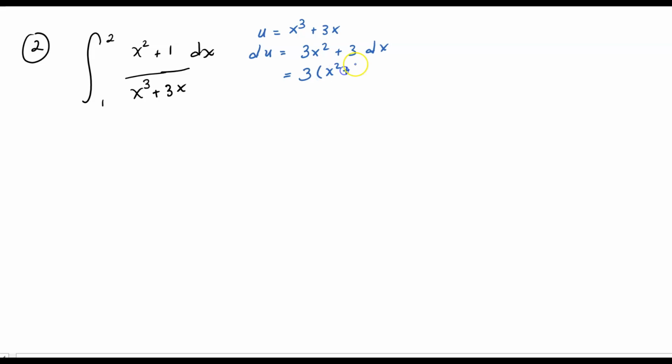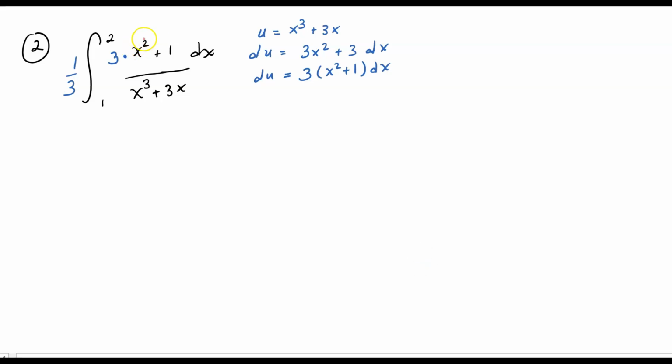You have x squared plus 1 and then dx. So the x squared plus 1 is definitely there. What's missing is a 3. So we'll write a 3 right there in the front, and by consequence, a 1/3 on the outside.